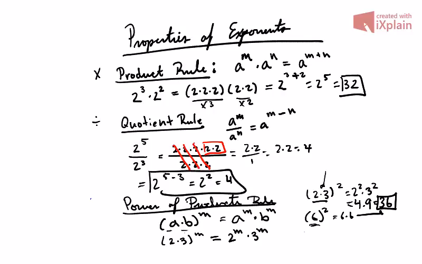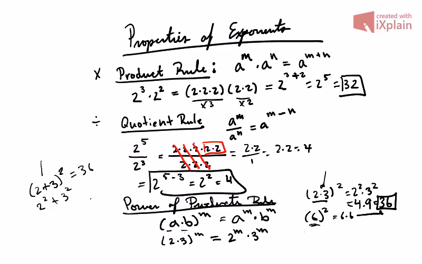Now, you cannot do that with addition. You cannot say, hey, 2 plus 3 squared equals 2 squared plus 3 squared. You cannot do that, okay? That does not work. They're not equal, okay? Because that's a common error that people make.